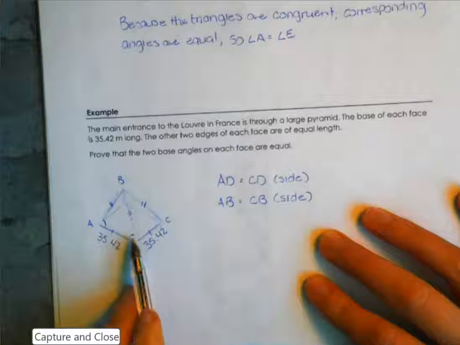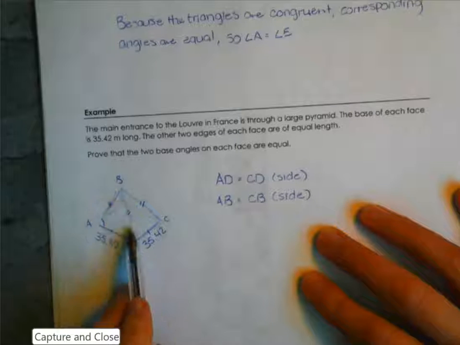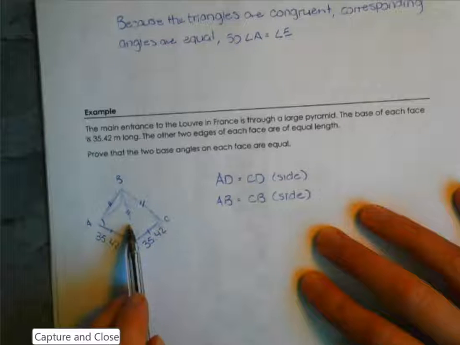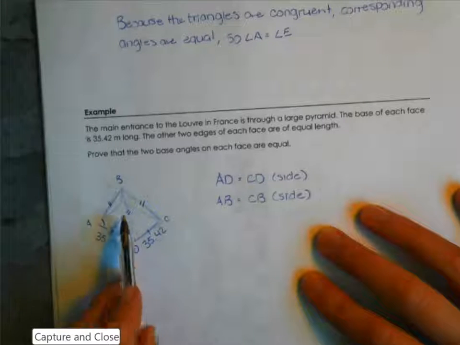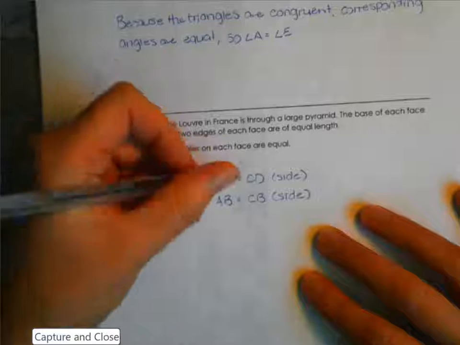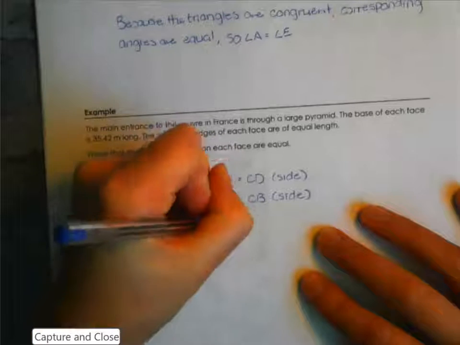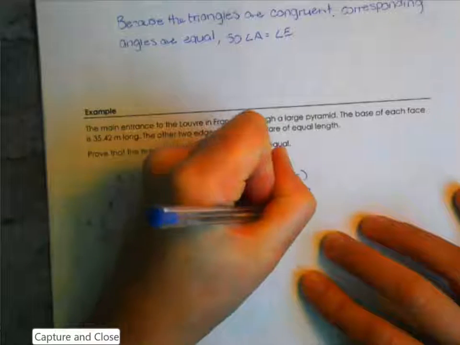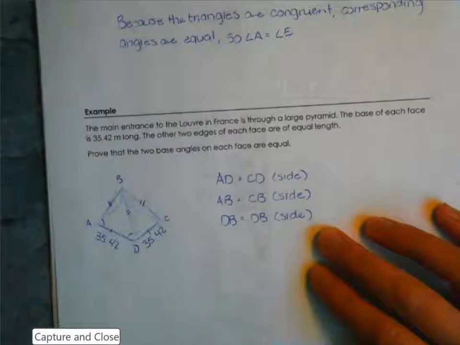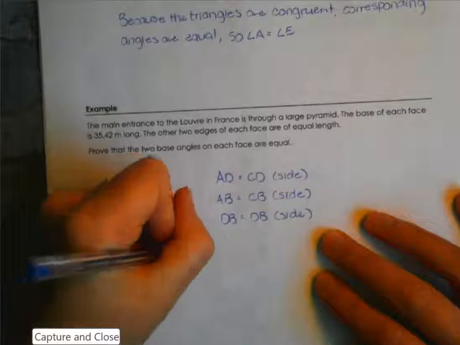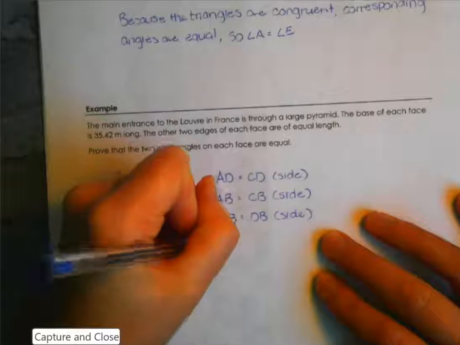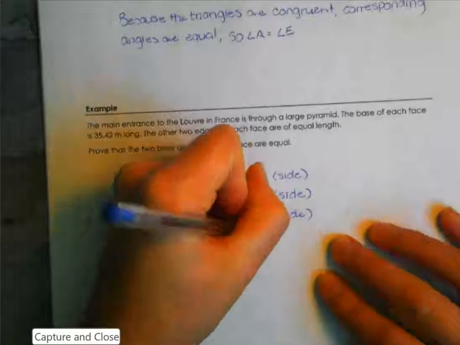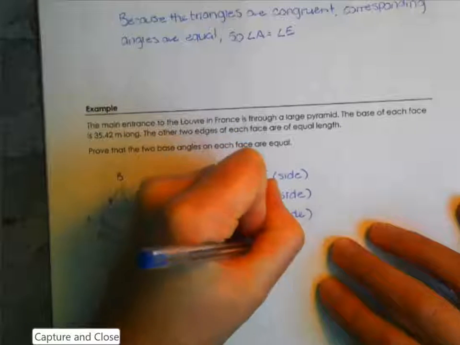And then the only thing connecting these two triangles is this same side. So it's the same for both, obviously. And so we can say DB equals DB, because it's a shared side for both triangles. And so we've done our side proof. And so we can say, therefore, triangle ABD is congruent to triangle CBD.